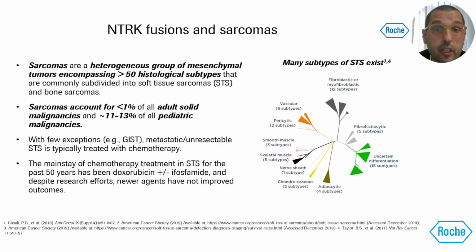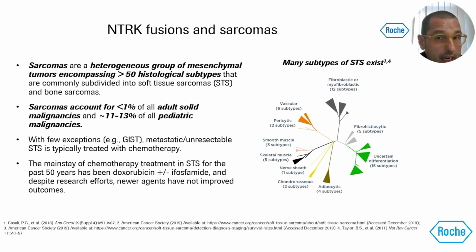Speaking of NTRK gene fusions and sarcomas, just a brief introduction about sarcomas. They are a heterogeneous group of mesenchymal tumors with more than 50 different histological subtypes that are typically subdivided into soft tissue sarcomas and bone sarcomas. They are very uncommon in adults, around 1%, while in the pediatric population, the frequency of soft tissue tumors and bone tumors is around 11 to 13% of cases.